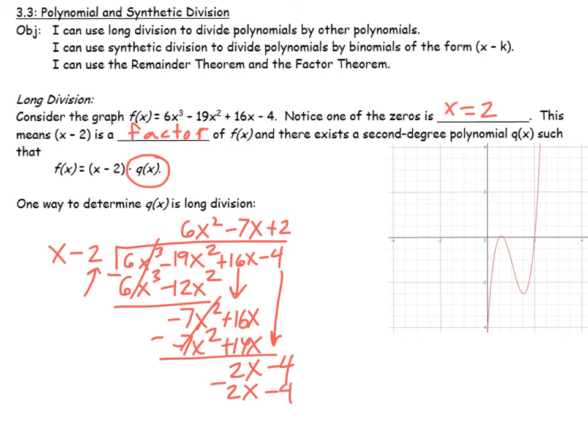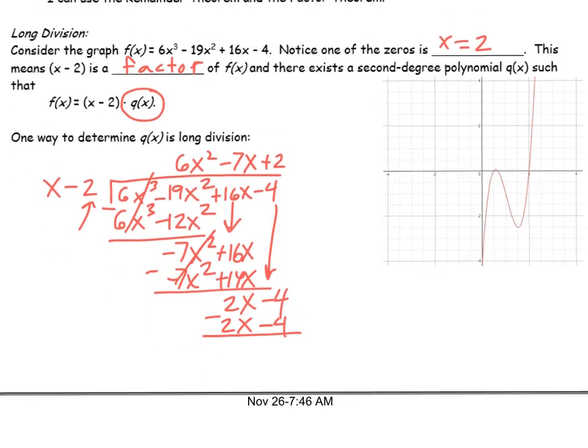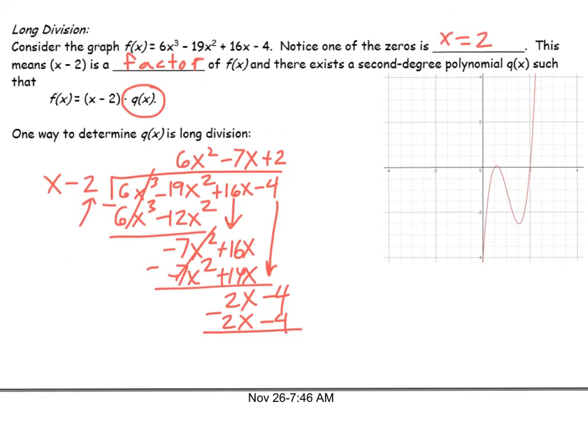Now this problem doesn't have a remainder. You'll see both today, some that do have remainders. Check this out. Cancel, cancel. No remainder. So this q of x, this mystery polynomial, in fact, I'm going to write it this way.